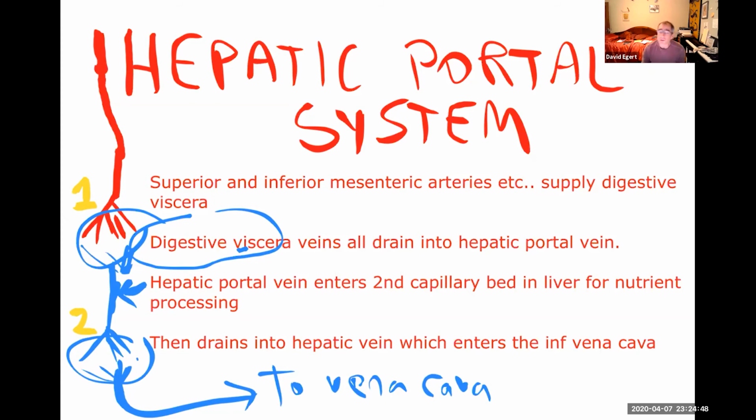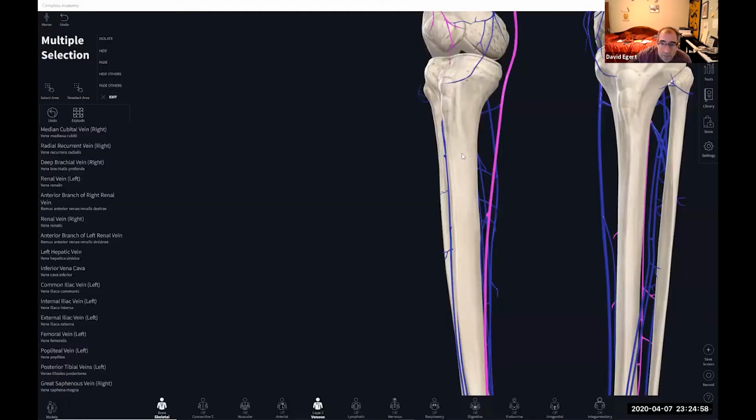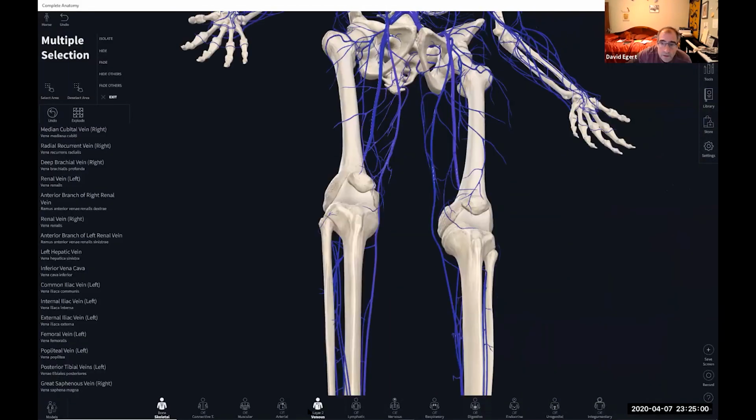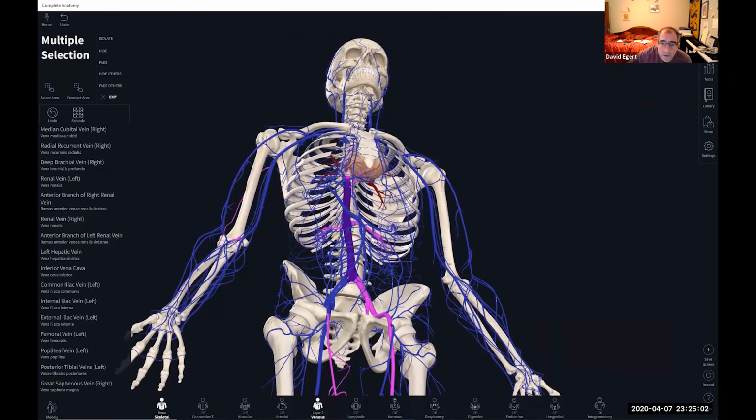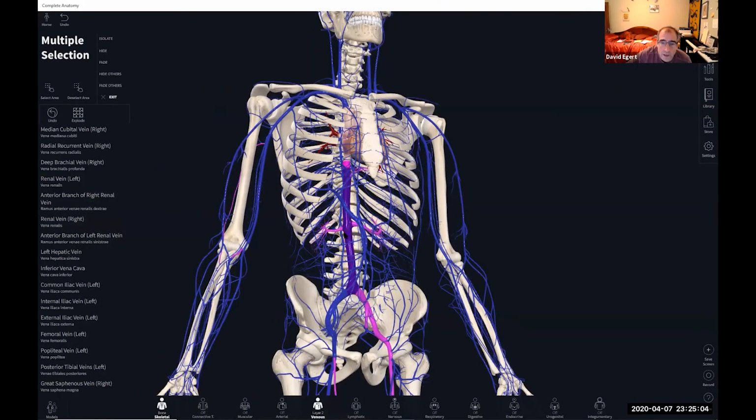So when you're looking on the vena cava for where is the entrance of all the draining of all of your blood vessels from your digestive organs, they don't enter directly in the vena cava.